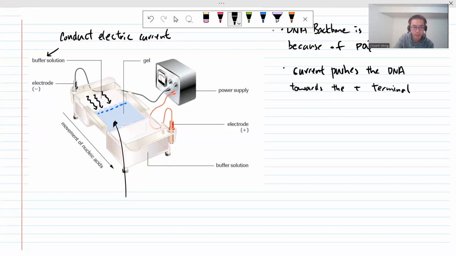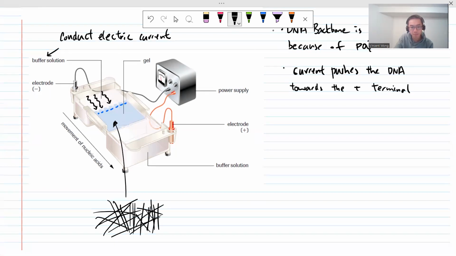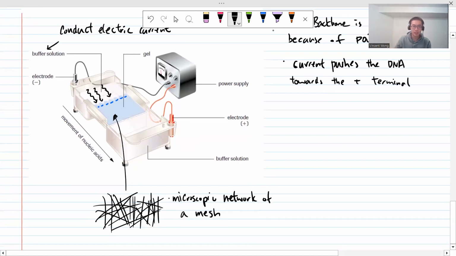So the gel looks like this. If you zoom in, it's like a microscopic mishmash of a mesh, if you would. The more powder you use, the tighter the mesh is going to be.